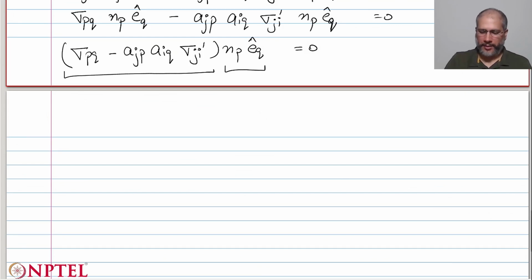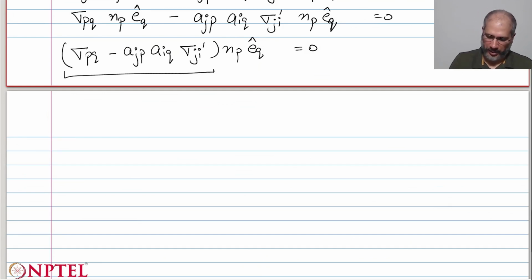And I know that n_p are not 0 because they denote an arbitrary normal n hat which denotes a cutting plane. And e_q hats are also not zeros because they are simply the basis vectors in the coordinate directions. So this means that this quantity in parentheses has to be identically 0.